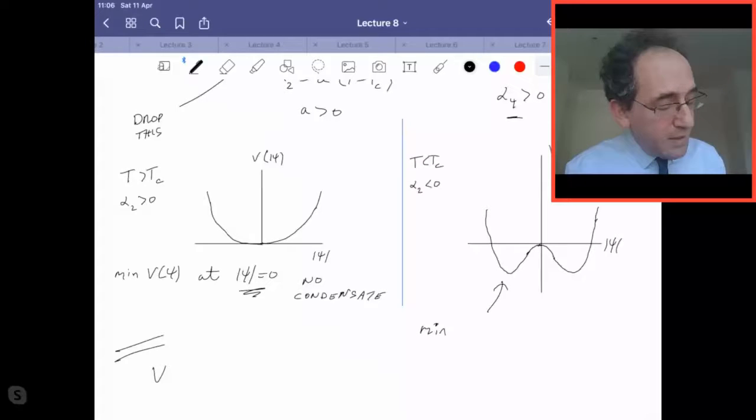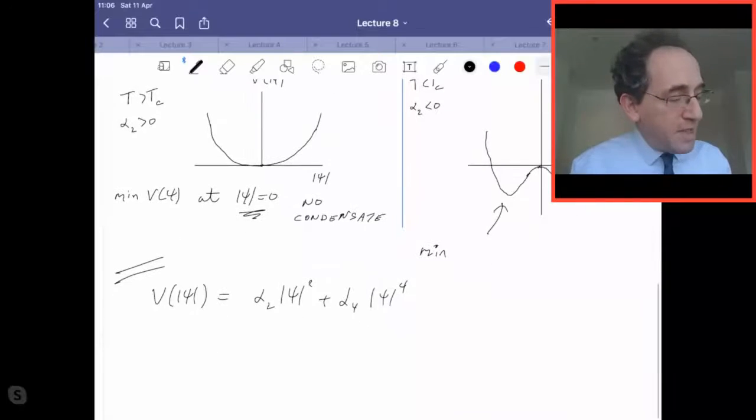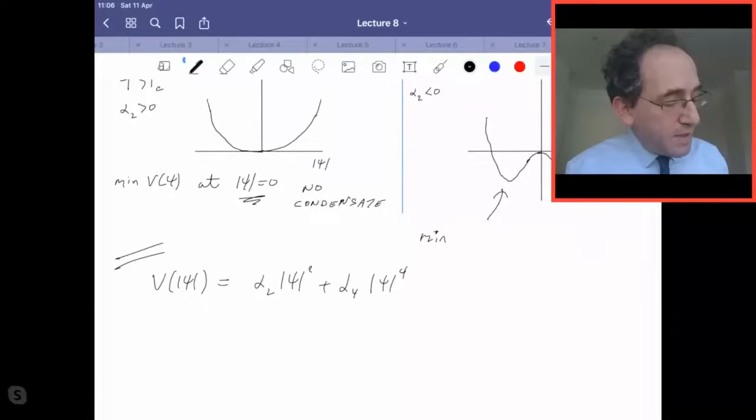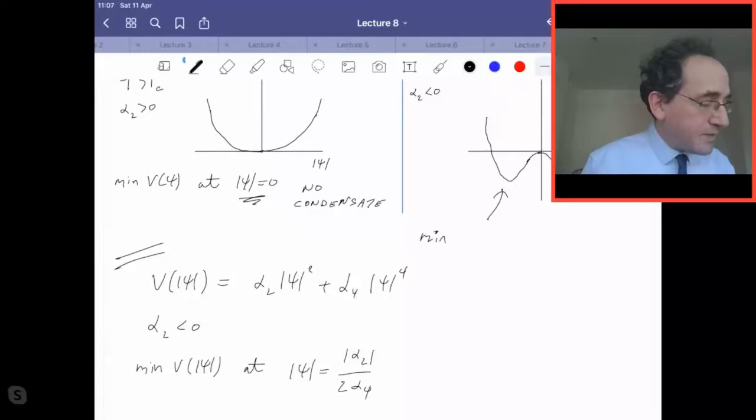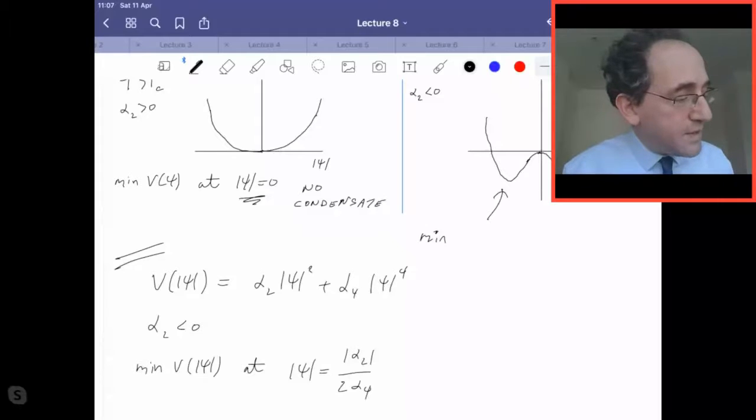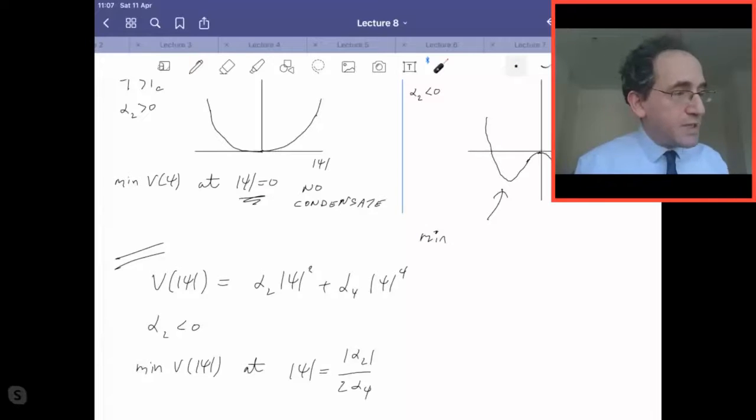If V of absolute psi is alpha 2 psi squared plus alpha 4 psi to the fourth, with alpha 2 negative, alpha 2 less than 0, the minimum of V of psi occurs at absolute psi equals the square root of absolute alpha 2 over 2 alpha 4. So that's an exercise in finding the minimum of a function.